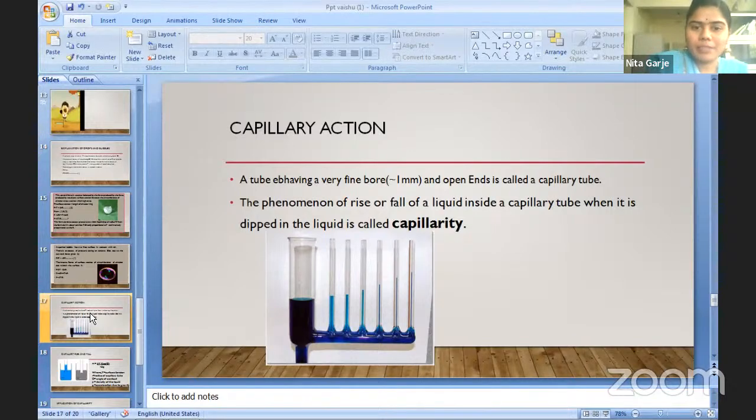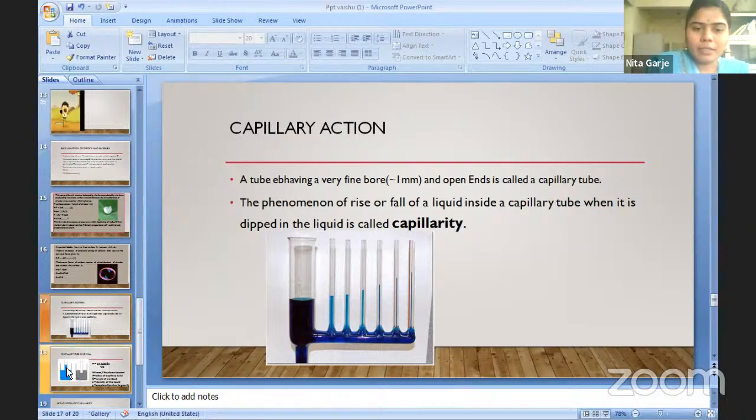A tube having an open end and a bore of 1 mm is called a capillary tube. The phenomenon of rise or fall of a liquid inside a capillary tube when it is dipped in the liquid is called capillary action.